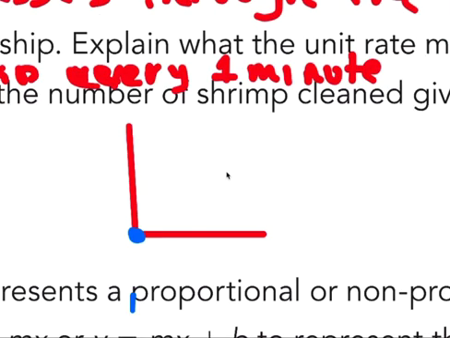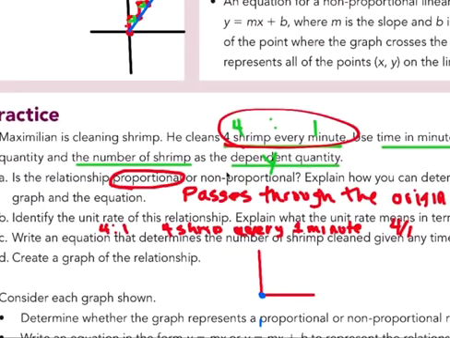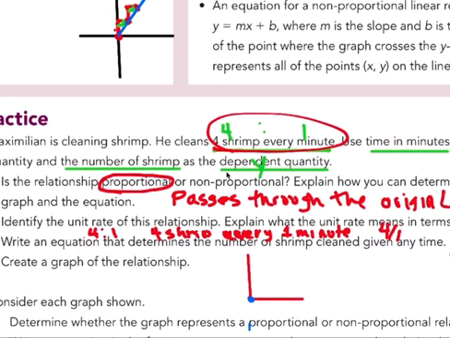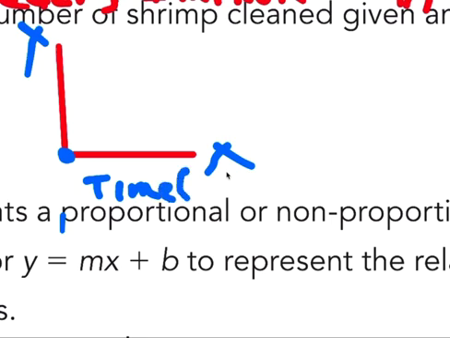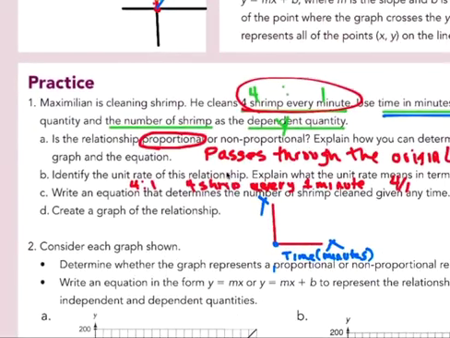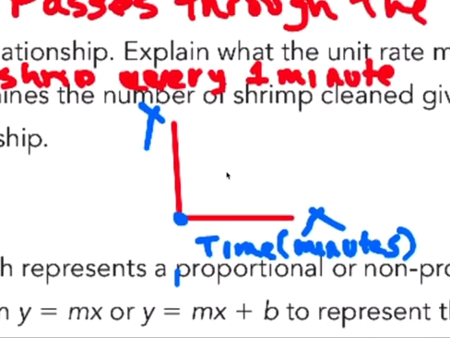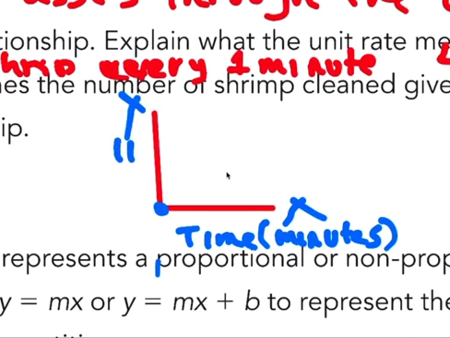It says right here, time in minutes is the independent variable, that's your x. Your y is the dependent, the number of shrimp.